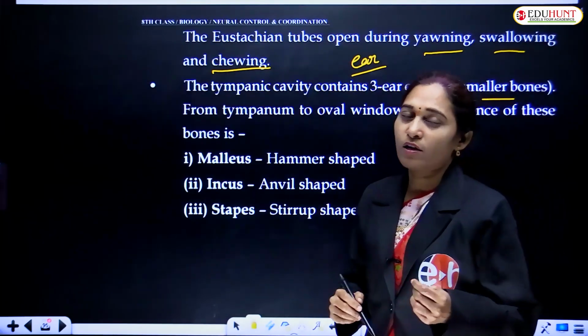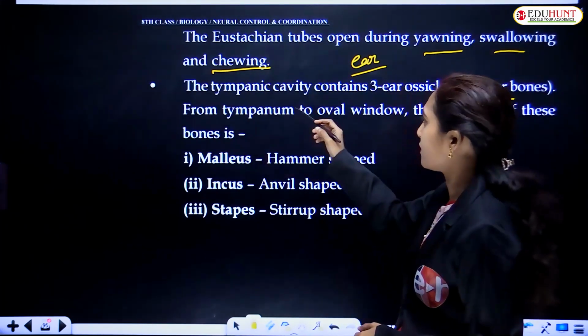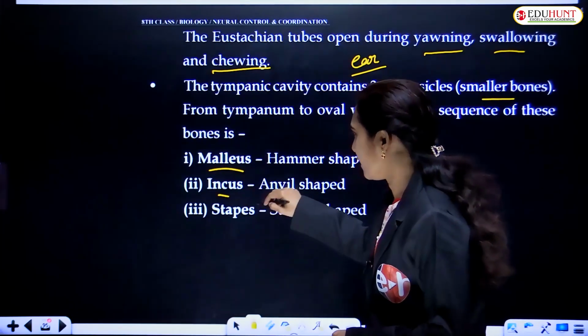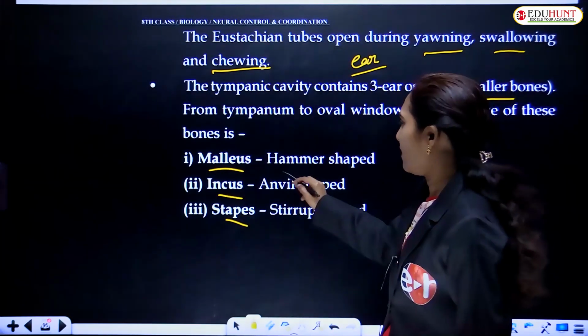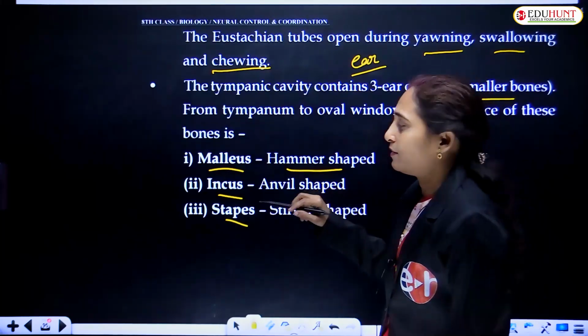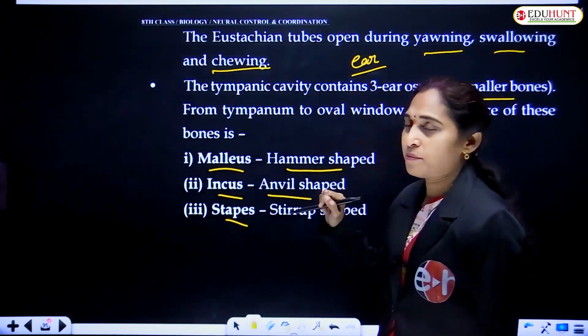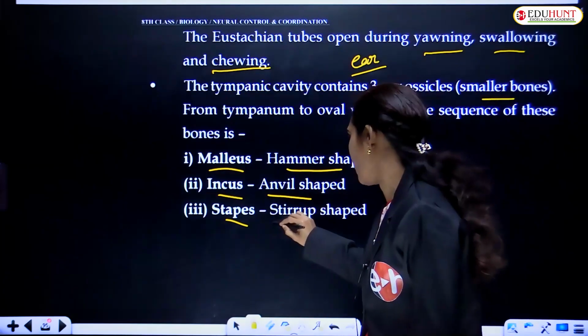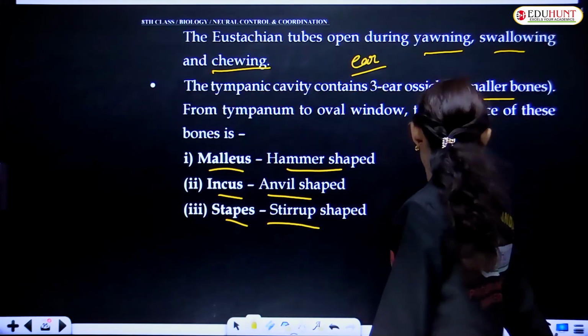There are 3 small bones, 3 ear ossicles, in the tympanic cavity. They are the malleus, incus and stapes. Malleus is hammer shaped, incus is anvil shaped, and stapes is also called stirrup because of its stirrup shape.